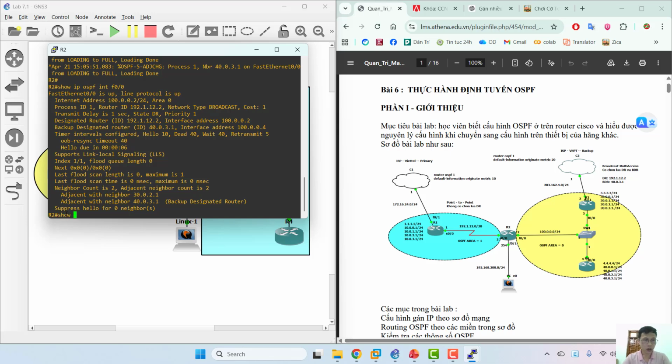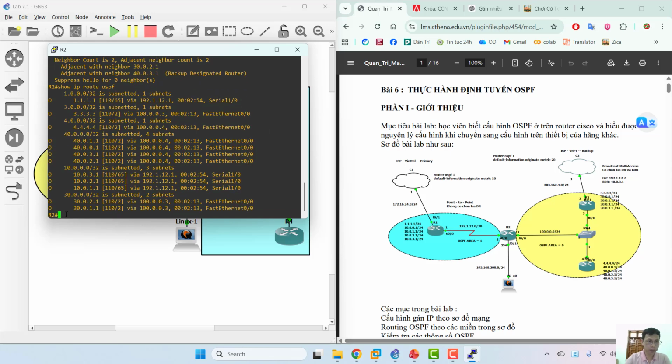We enter the line show ip route ospf. You can see here that on this loopback network the subnet length is not correct.